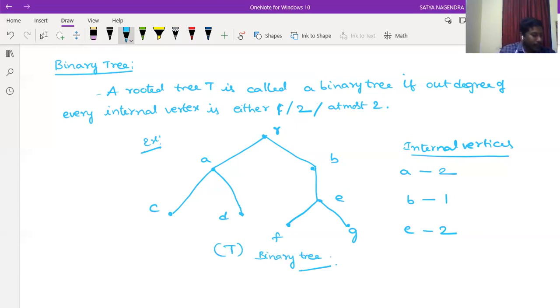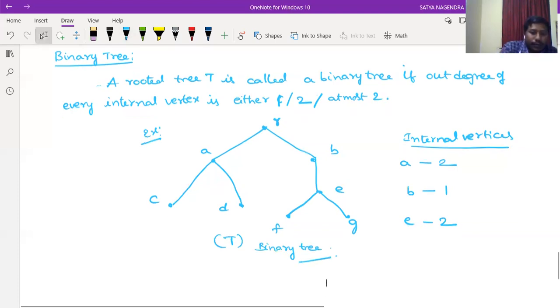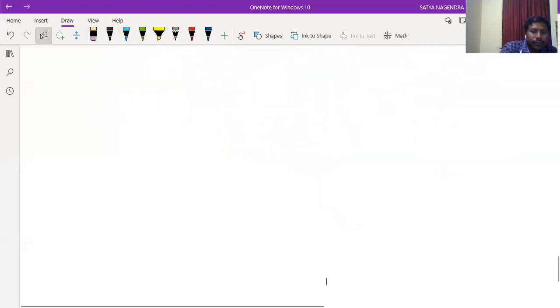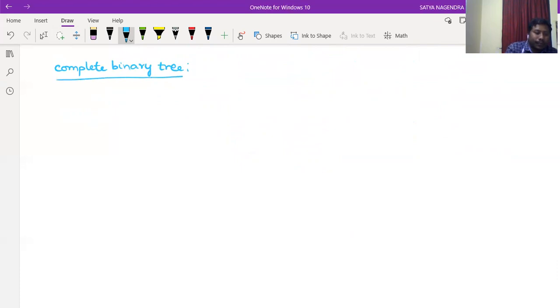Okay, next one. Next definition: complete binary tree. When can we call a rooted tree a complete binary tree?